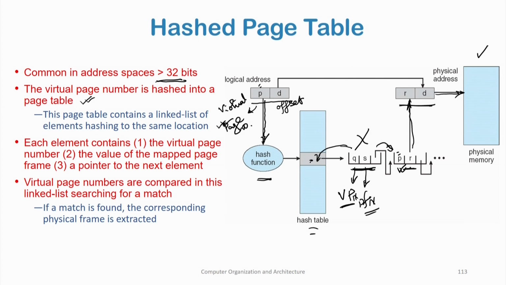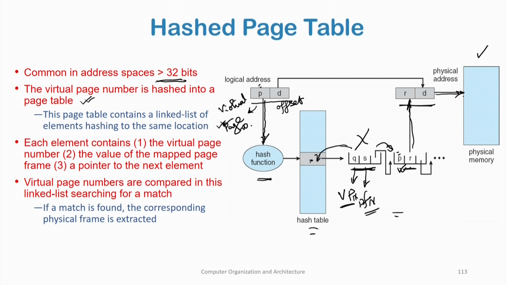Now, although this one is per process, so I have a hash table for each process here, however, I need to keep only as many virtual pages as are needed by the program at a given time. So, if I hash to this place, only those elements will be there which actually contain a physical page frame number.